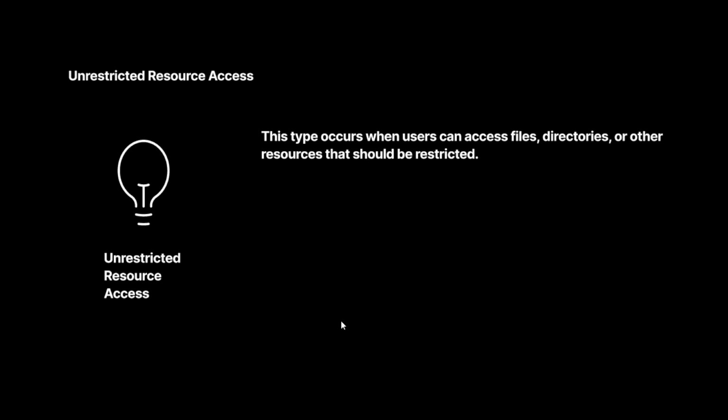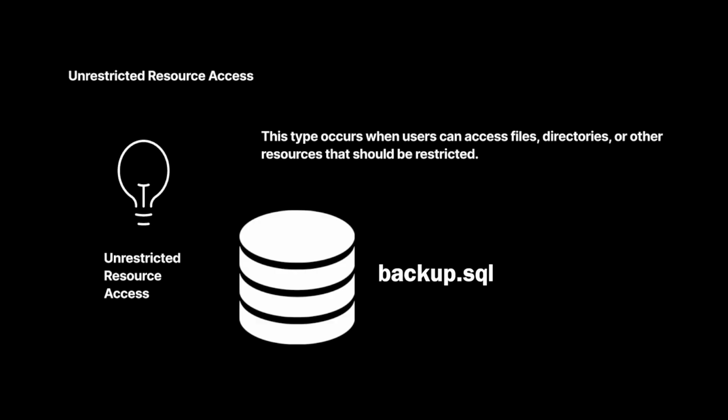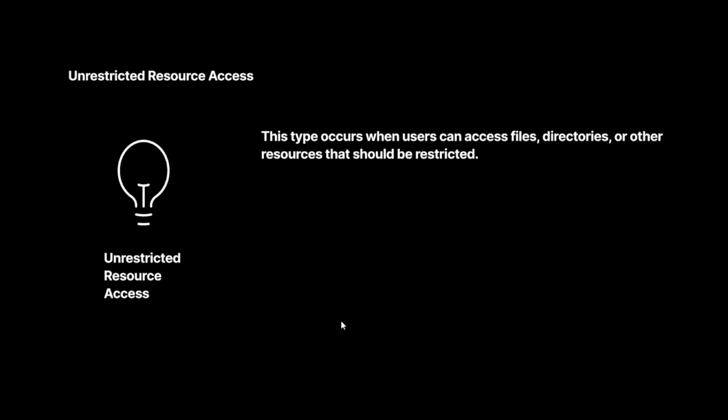A real world example of this is if you have access to a URL, say backup.sql, and you download the database and it contains sensitive information that's critical to the company, then that's an unrestricted access issue. So the biggest thing that you want to focus on here is looking for unauthorized access to restricted areas like those files, directories, or tools.